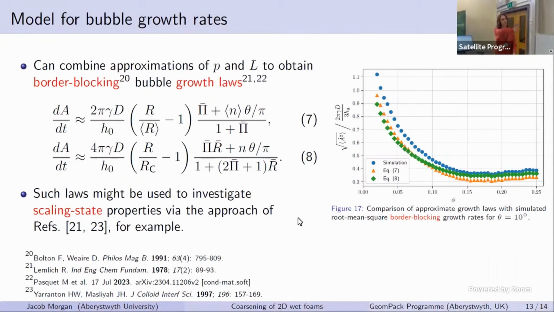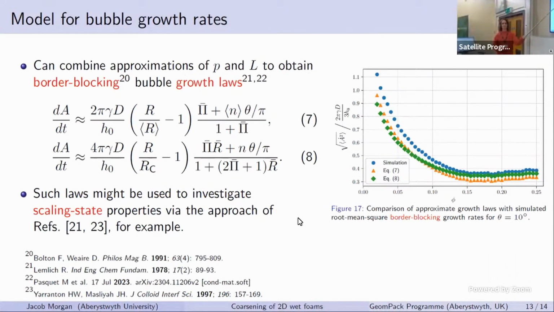And then one can look at the bubble size distribution that coarsening should give rise to, and it might be interesting to compare these models there. In particular, with regards to what was talked about in the previous talk, the excess of very small bubbles that one sees at lower liquid fractions could possibly be related to the fact that very small bubbles are not strongly deformed by their neighbors.